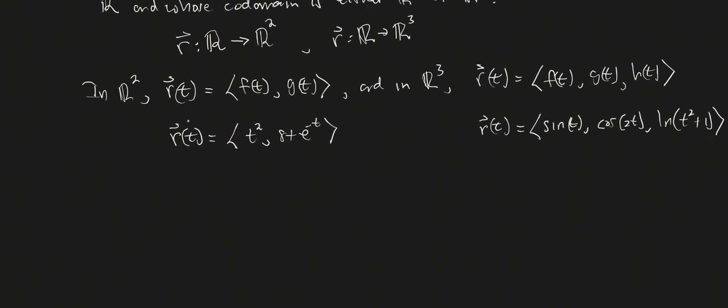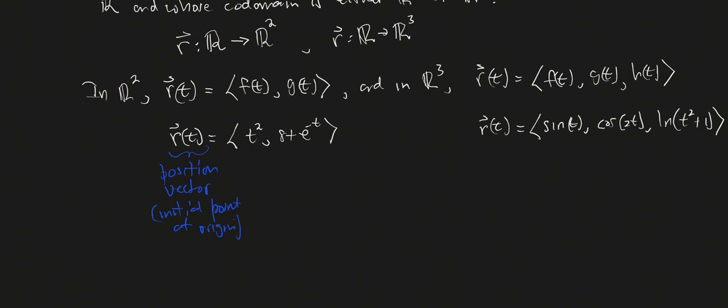Now, we are going to interpret the function r as a position vector, right? So we're going to interpret r of t as a position vector. And remember what a position vector means. It means that it always has the initial point at the origin.